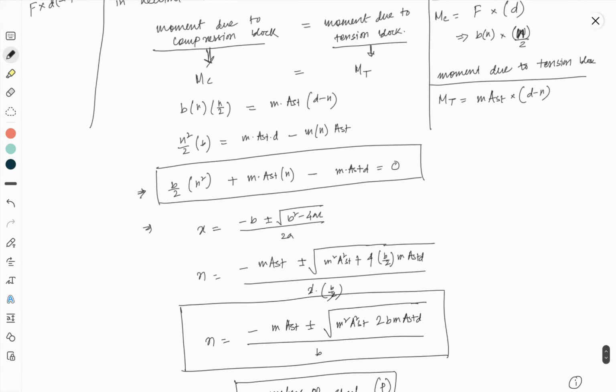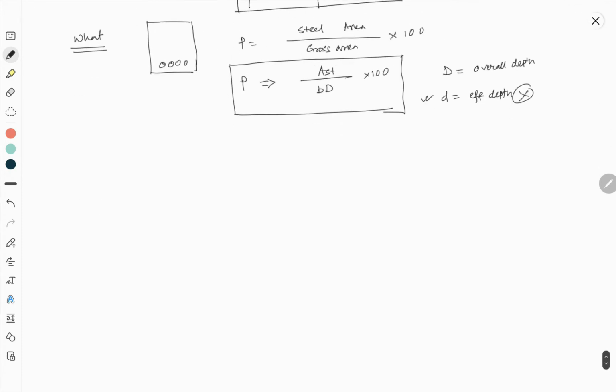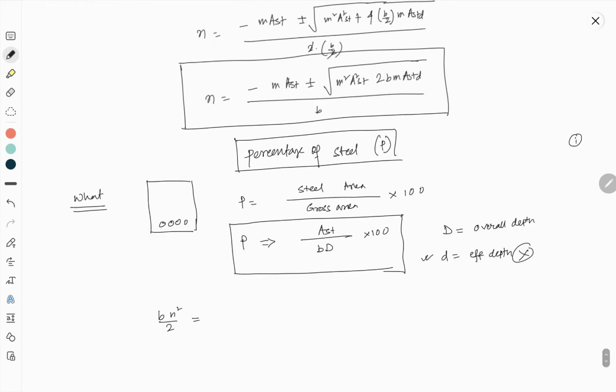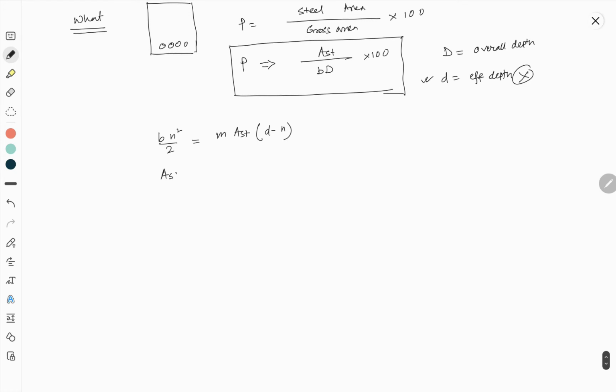In the last video we saw an expression, this. So we'll start the discussion from this point. B n square by 2 equal to mAST (D minus N). So from here we can write AST equal to B by m (D minus N), times n square by 2.